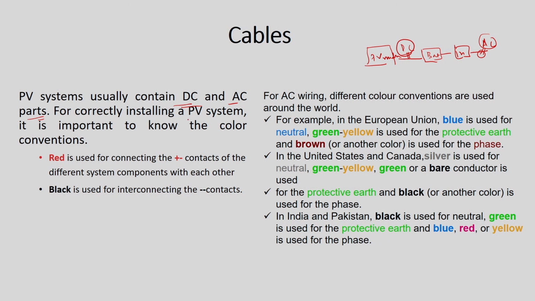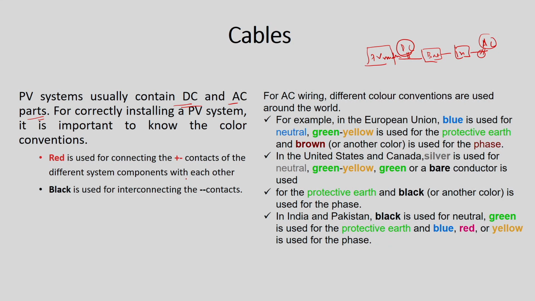For correctly installing a PV system, it is important to know the color convention. Red is used for connecting the positive contacts of the different system components with each other, and black is used for interconnecting the negative contacts. And for AC wiring, different color codes are used around the world.